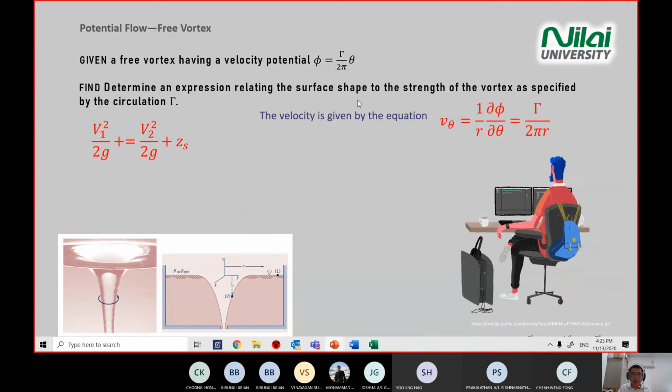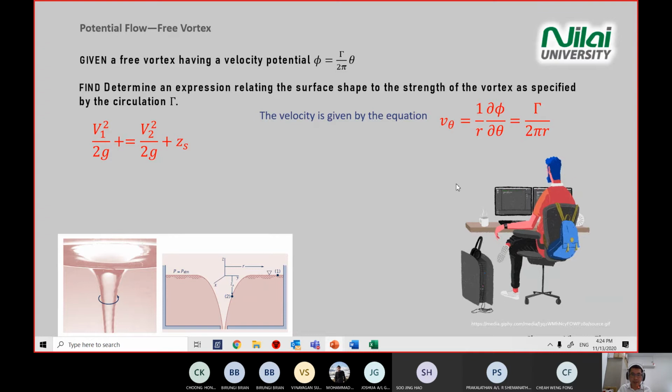Recall V theta equals 1 over r times del phi divided by del theta, which equals circulation divided by 2 pi r. This is the velocity equation in the theta direction for the vortex.